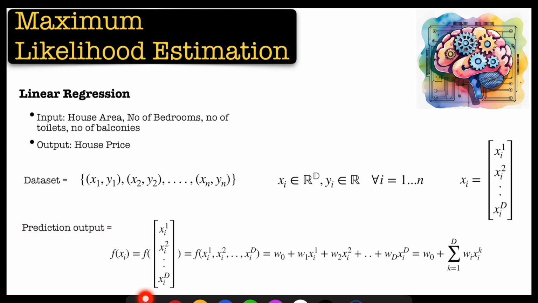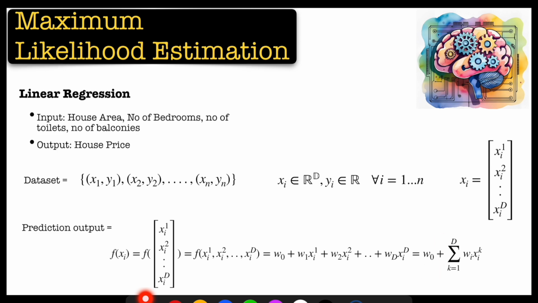Our predicted output was a function of the xi input. Xi was d-dimensional, so our function was a function of d values. In a d-dimensional space, we found this straight line equation w0 plus w1 xi1, w2 xi2 till wd xid, which we can simplify as w0 plus summation over k equals 1 to d of wk xik.